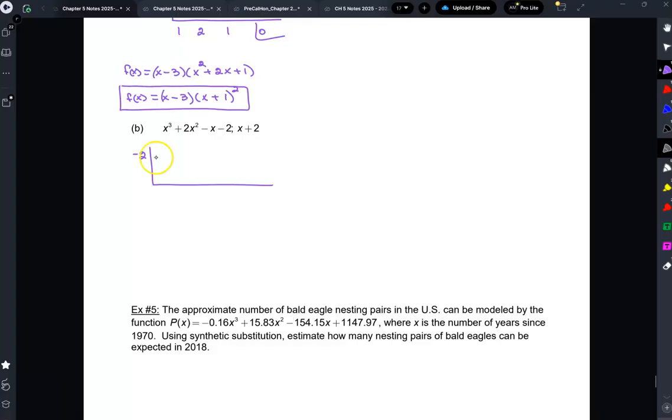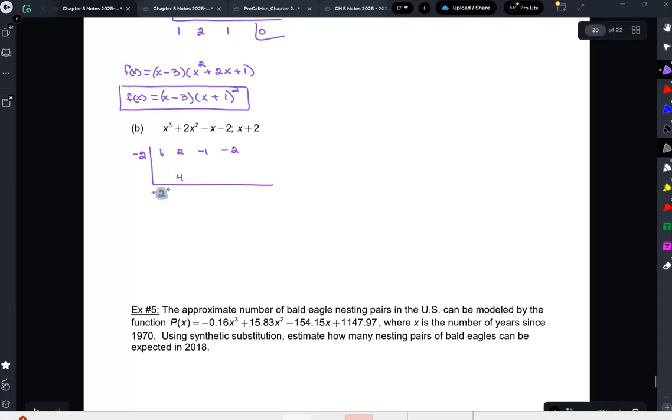So 1, 2, -1, -2, -2, 4, no. Oh my, I skipped a step. 0, 0, 2, 0. Fabulous. So here I get x plus 2. Here, x squared minus 1, right?